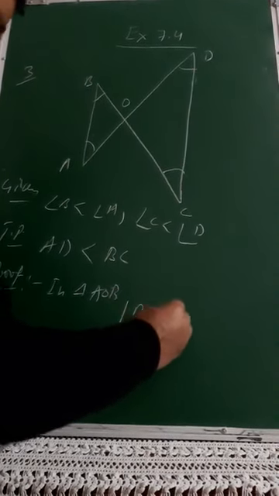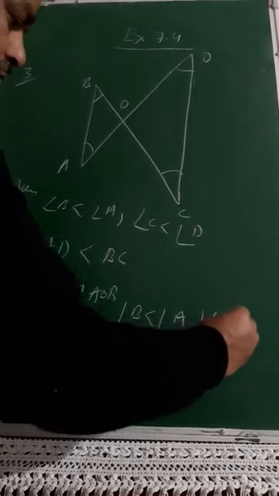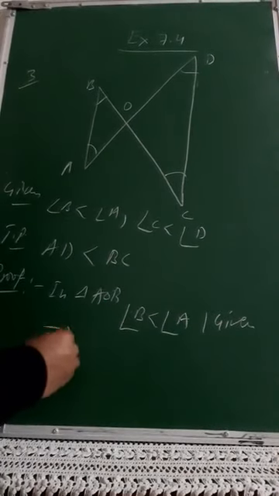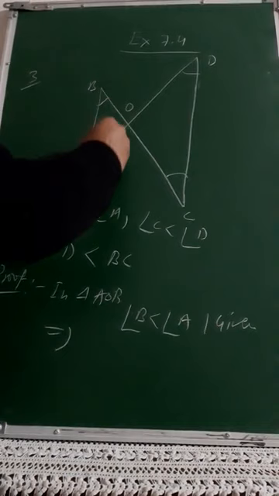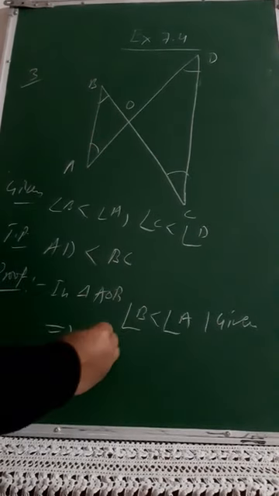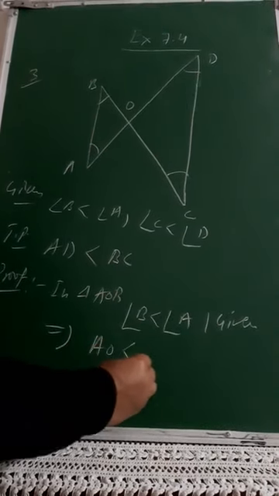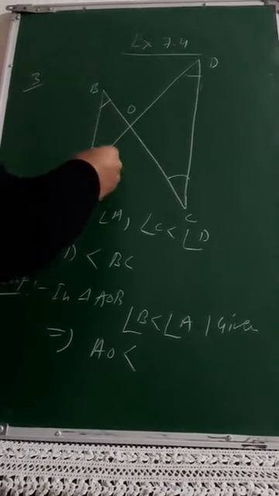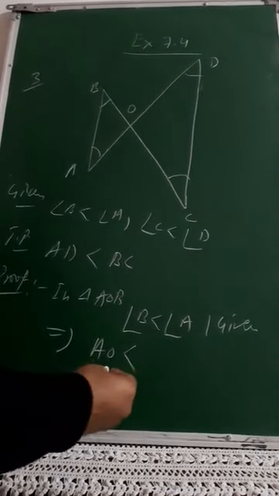Angle B is less than angle A, this is given. So this implies the side opposite to B, which is AO, will be less than the side opposite to A, which is BO.